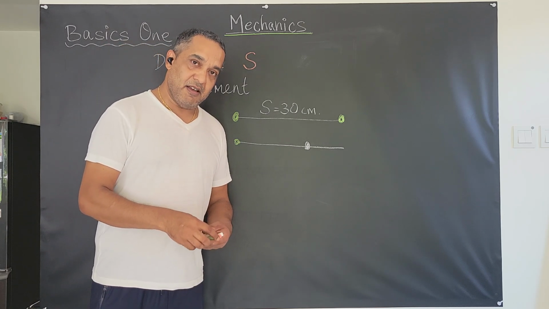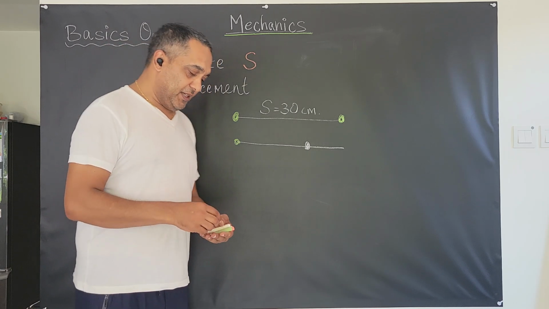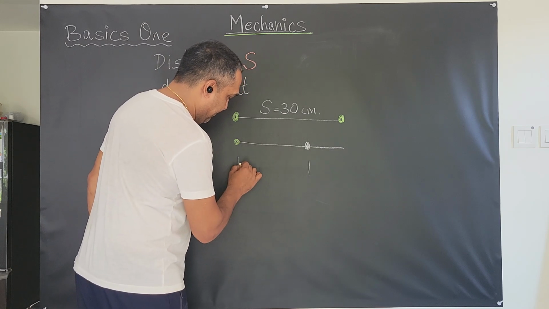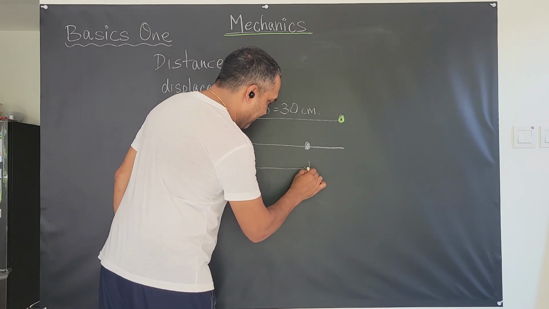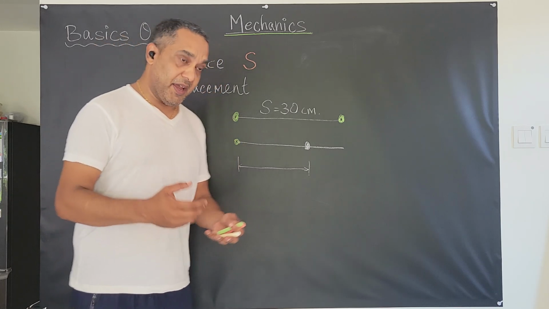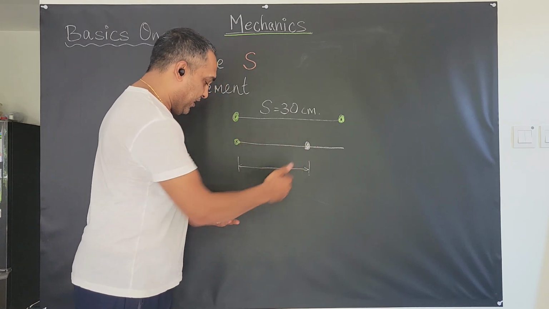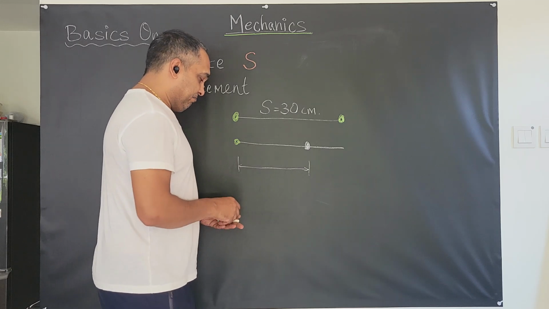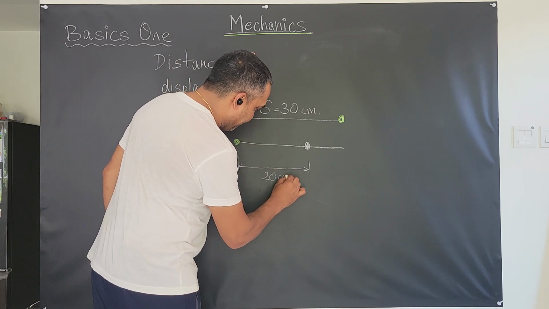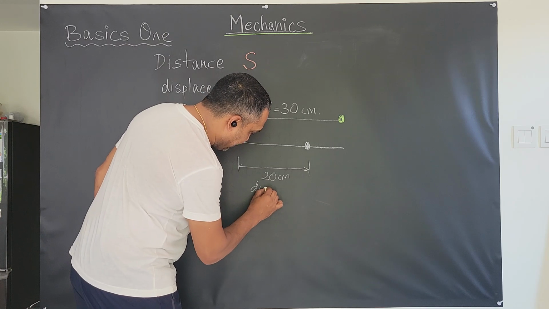What is the distance the object has traveled and what is the displacement? You could argue here that this length would represent how much the object has been displaced by, its initial position to its final position, and let's say this is 20 centimeters of displacement.